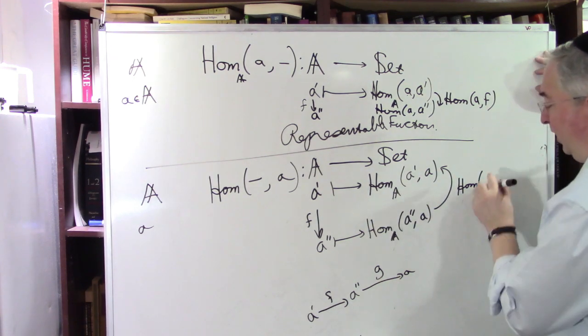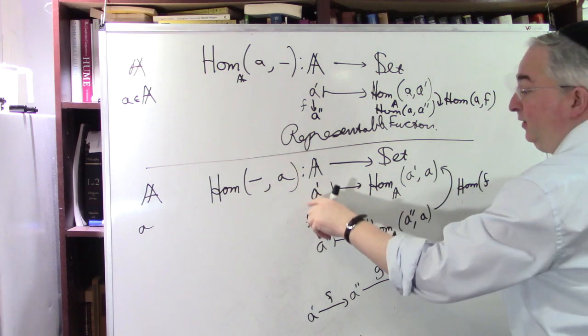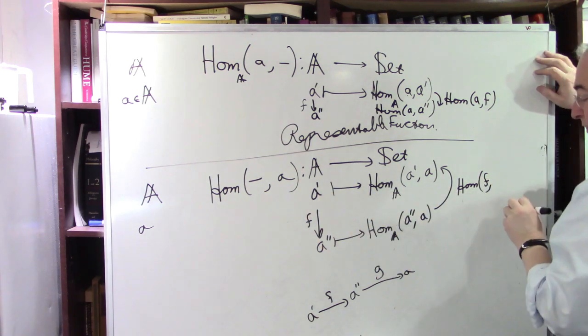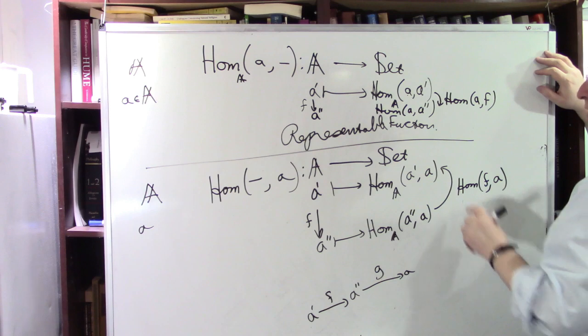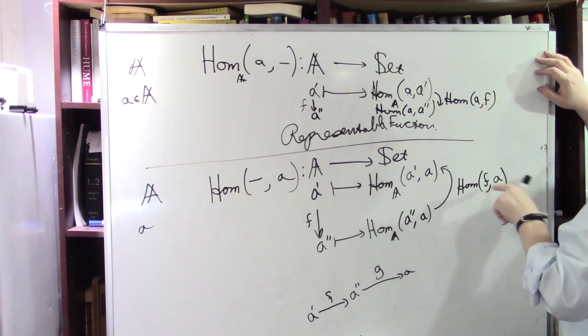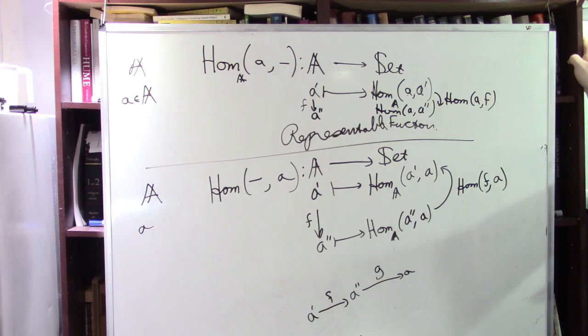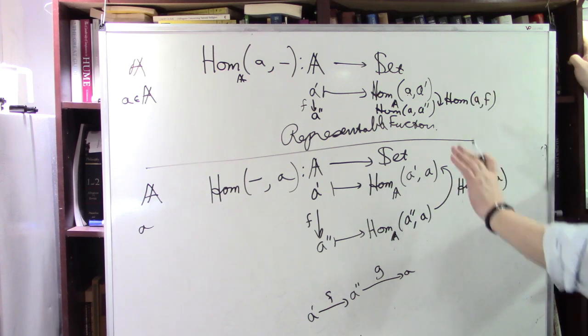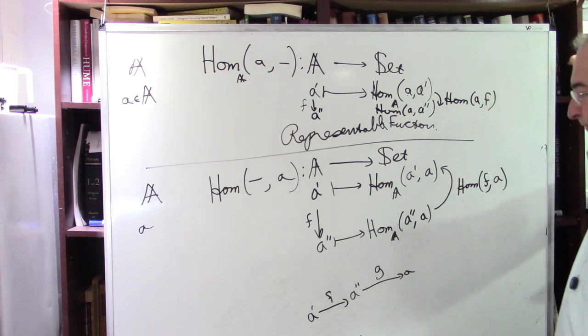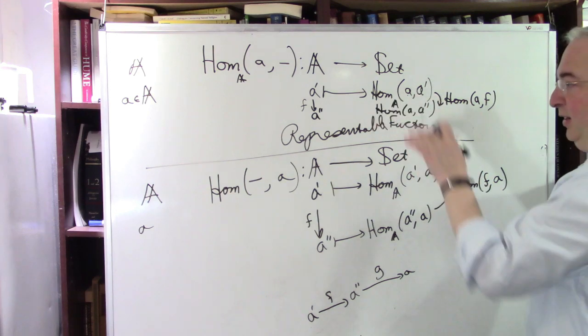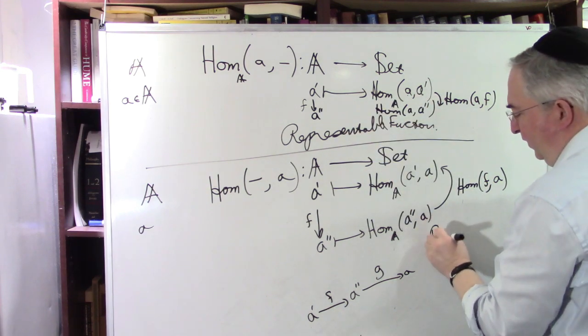We'll call it Hom of F comma little a. This we called A comma F, this is called F comma A. It's nice to see these two things at the same place. This is also called a representable functor.